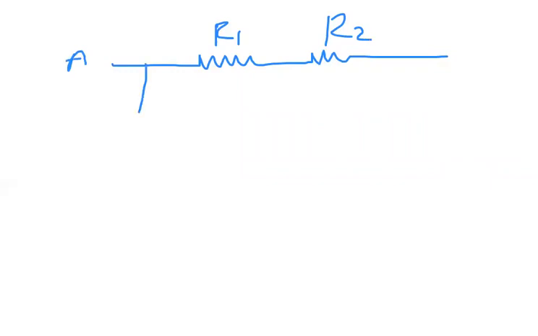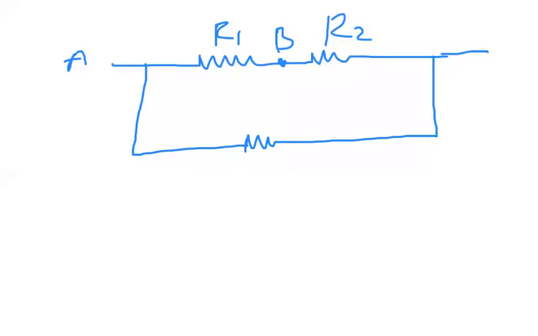But we are not taking the previous A and B. Now the point B is taken somewhere in between, and this other point let me take as C. I want the effective resistance between A and B.